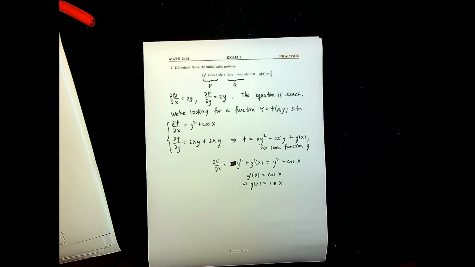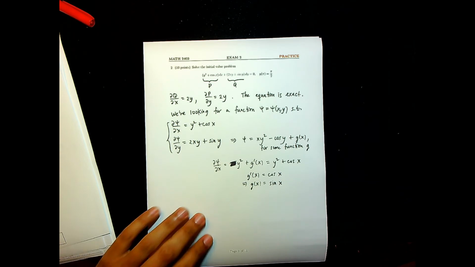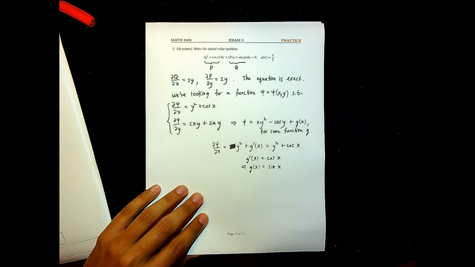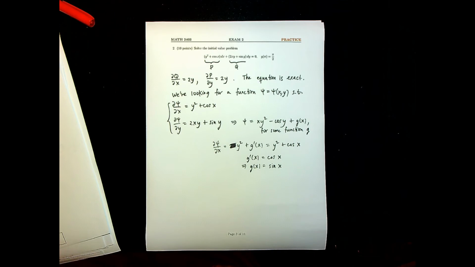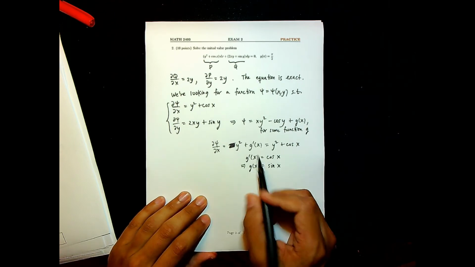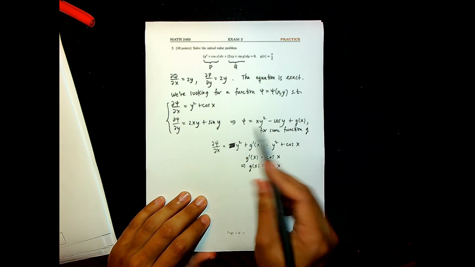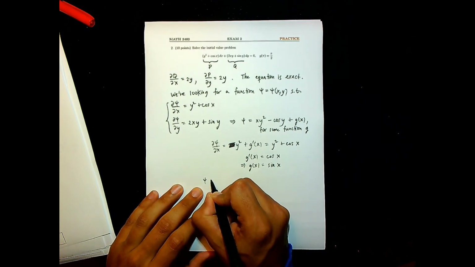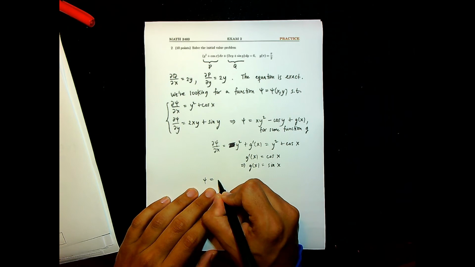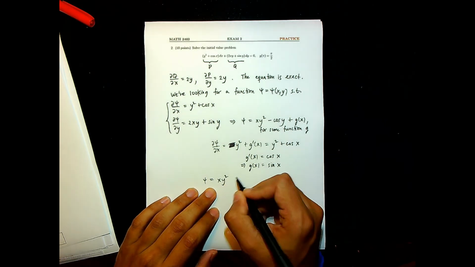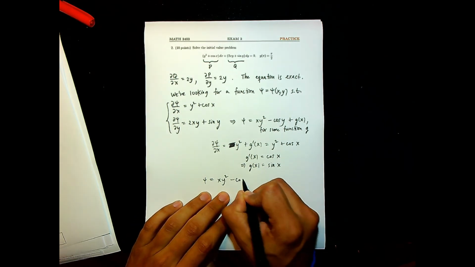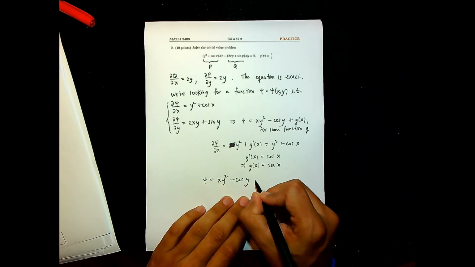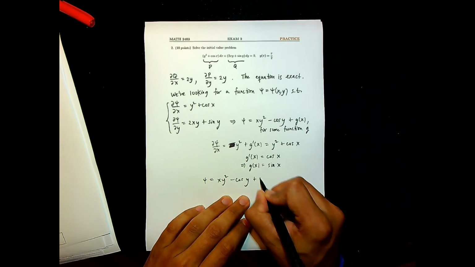The C you add at the end. So that means that's our g. And putting this g back in here, we get our formula for psi. So that means psi is going to be equal to xy squared minus cosine of y plus g of x, but g of x is sine of x.